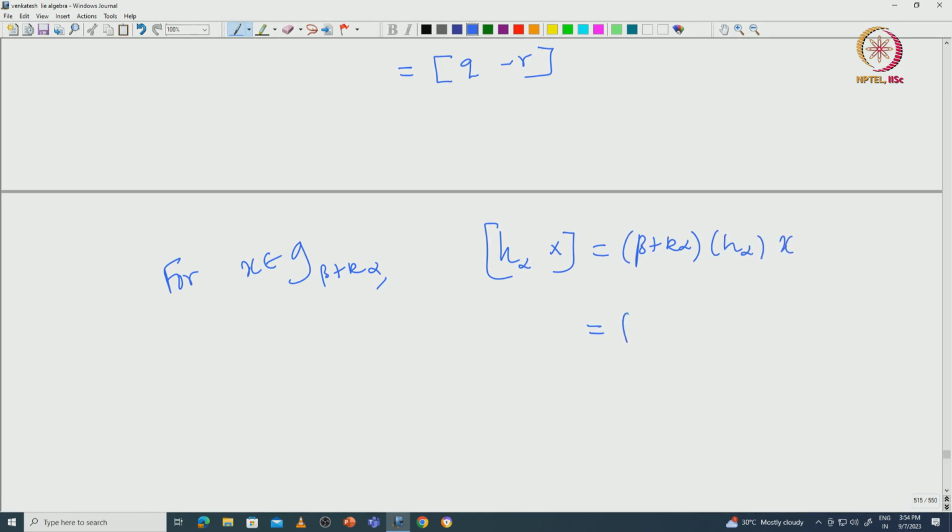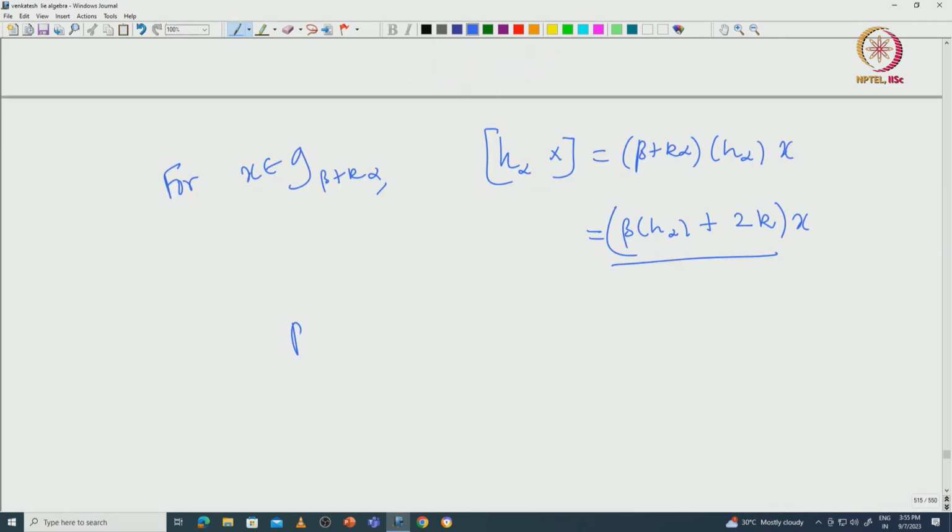That means exactly beta of H alpha plus 2k times x. So, that is what we get as eigenvalues: beta of H alpha plus 2k.